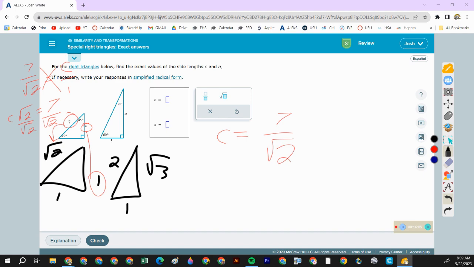Can I leave the fraction in that form? Nope, there's a square root in the bottom. So I times the bottom by root 2 and the top by root 2. And that gives me 7 root 2 over root 2 times root 2 is just 2. So that would be the exact answer.